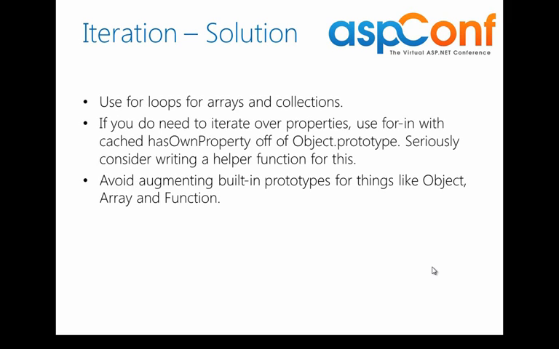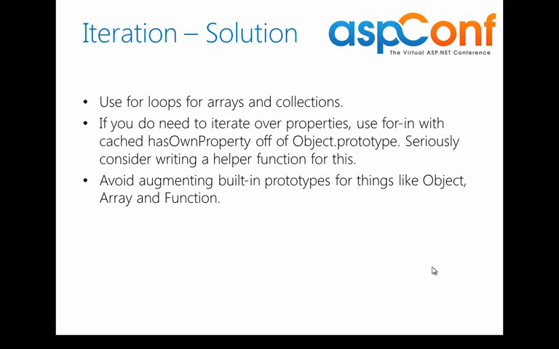So the solution to the two iterations and when to use what: use for loops for arrays and collections. If you do need to iterate over properties, use for in, and only then when you do need to iterate over properties. And then use a cached version of hasOwnProperty off of the Object.prototype, not the array or the object you're iterating over.